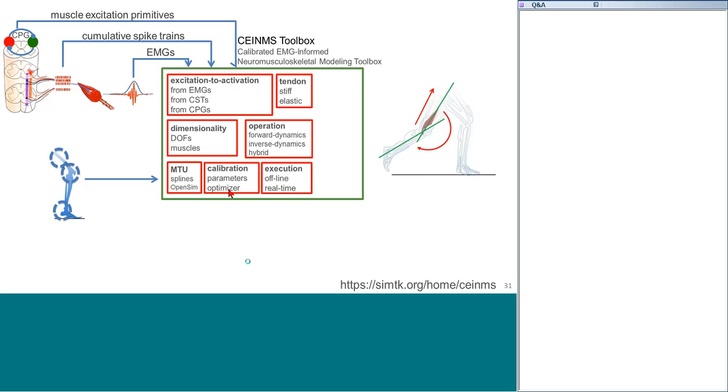And we finally can decide if we want to execute the calibrated model offline or in real time for applications of control of assistive devices. And all these operation modes can be dealt with by XML, a little bit like it's done in OpenSim at the moment.